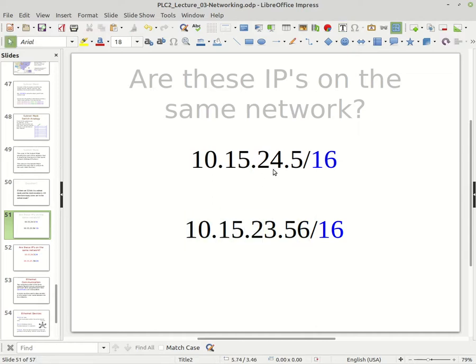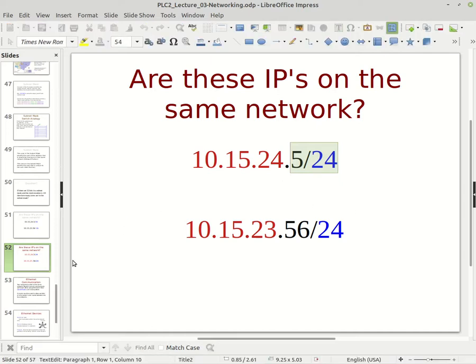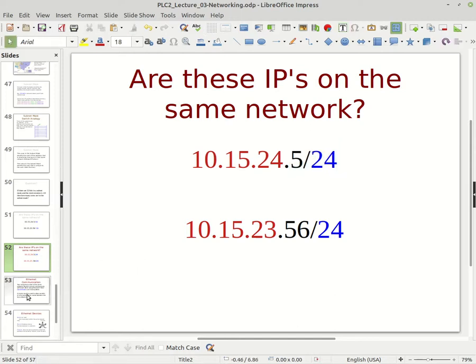Like I say, if you had them wired in with a crossover cable and these were the IPs, all you would have to do is change the subnet mask from 24 back to 16, and they would realize they're on the same network and would communicate. But if you had it set up with a 24-bit subnet mask, then they would not communicate. That's the key difference, and that's why this subnet mask becomes so important.